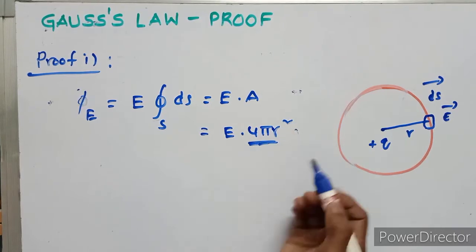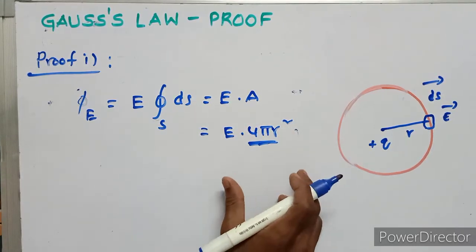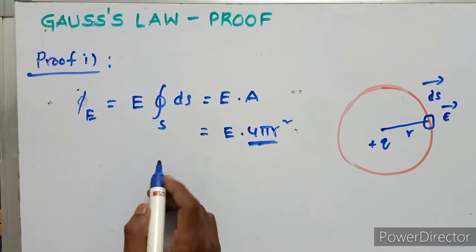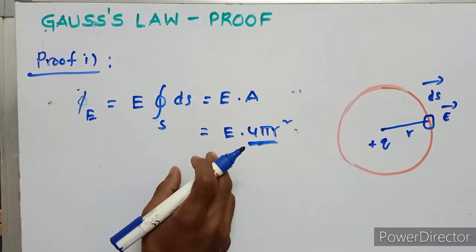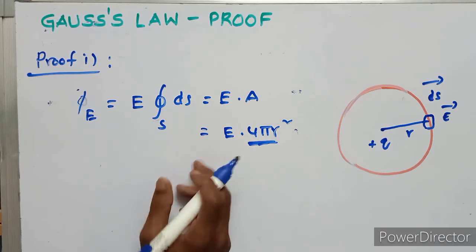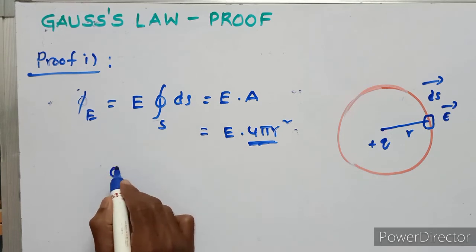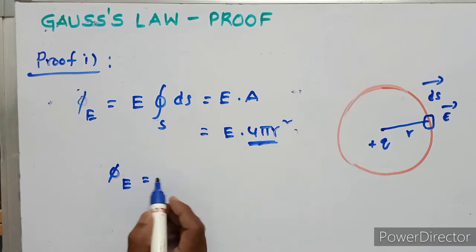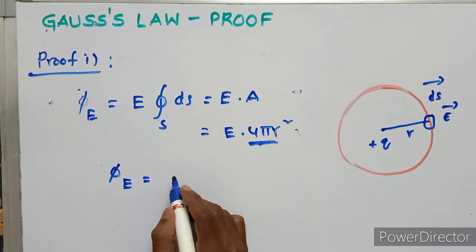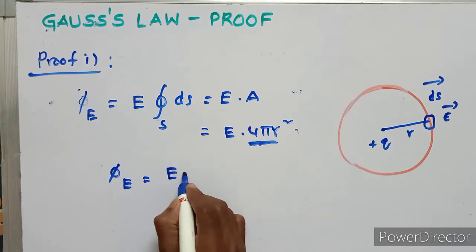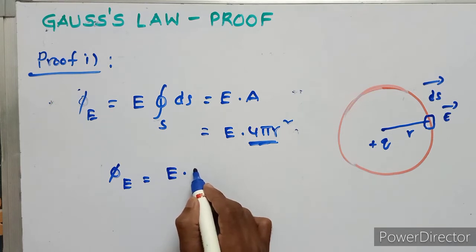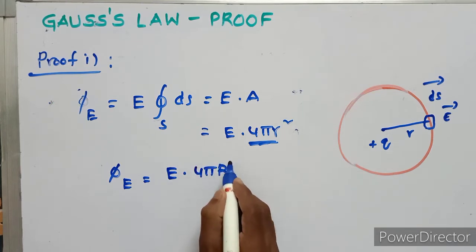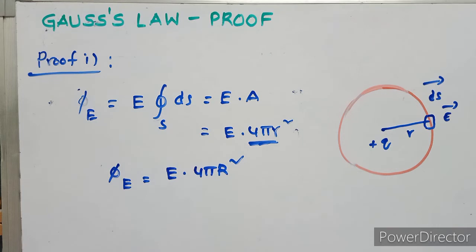So the electric flux is equal to E times 4 pi r square.